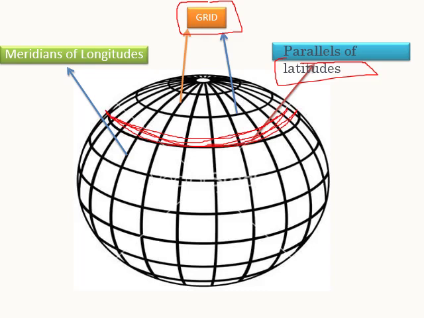The second line which makes this grid is longitude. This is the second important line, and this is your vertical line. So all the vertical lines which you are seeing here are your longitudes. They are also known as meridians of longitude, and latitudes are also known as parallels of latitude.